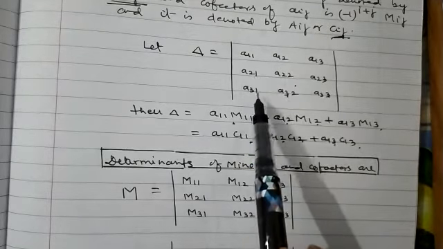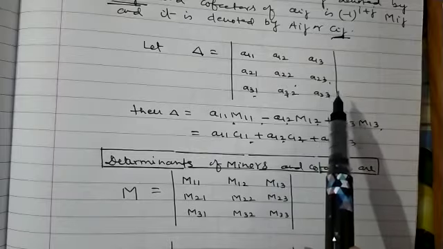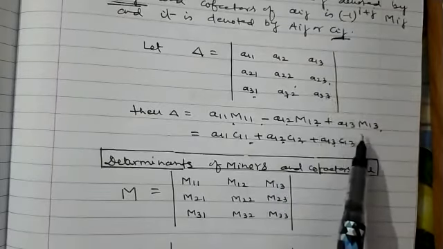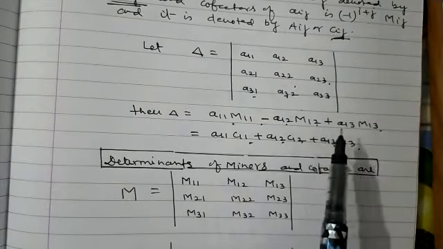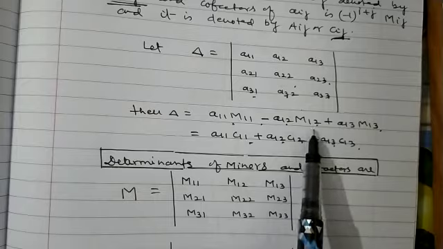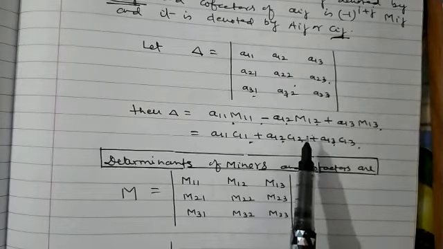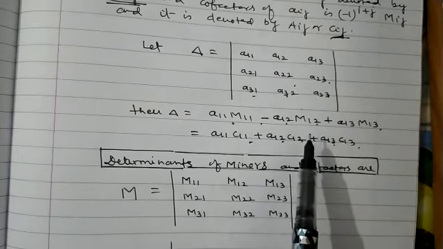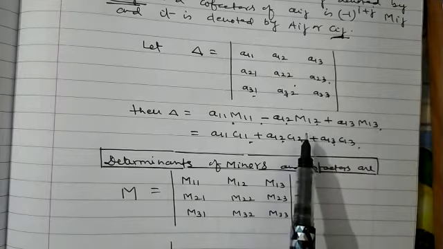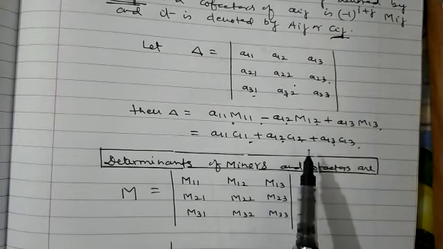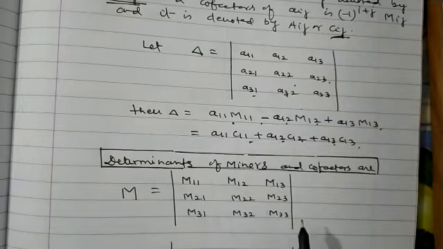We have A21, A31, A23, A33, and it will give you the value of M12. So in this way, with respect to minor and cofactor, we can expand the determinant.